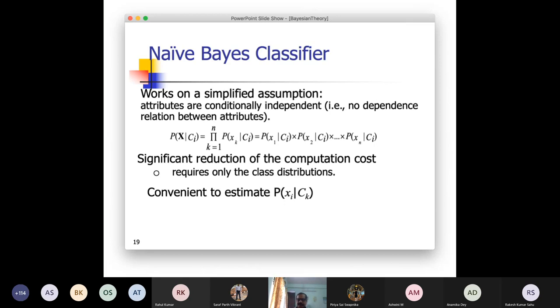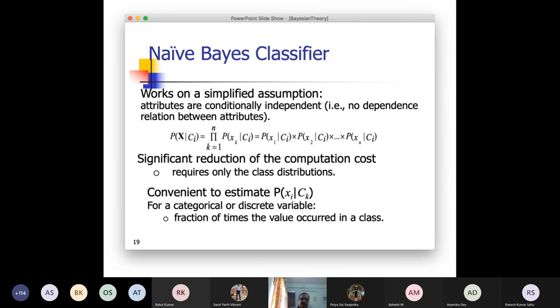In that case, it is equivalent to estimation of the likelihood of all unidimensional variables in the class, which are used for defining the feature dimensions. For a categorical or discrete variable you can compute this numerically: you estimate the fraction of times the value occurred in a class.